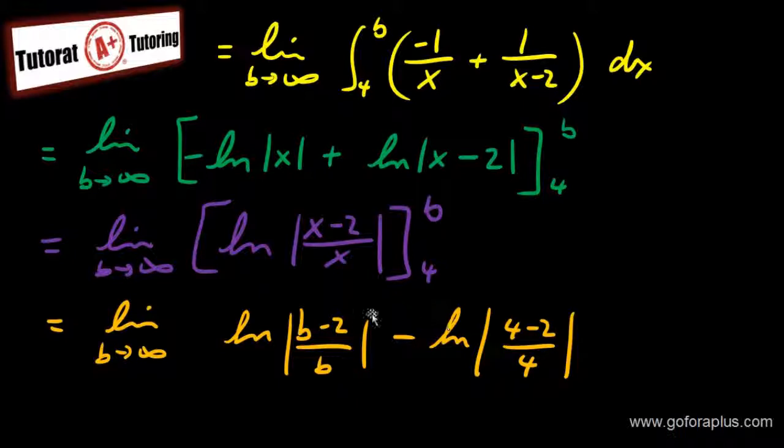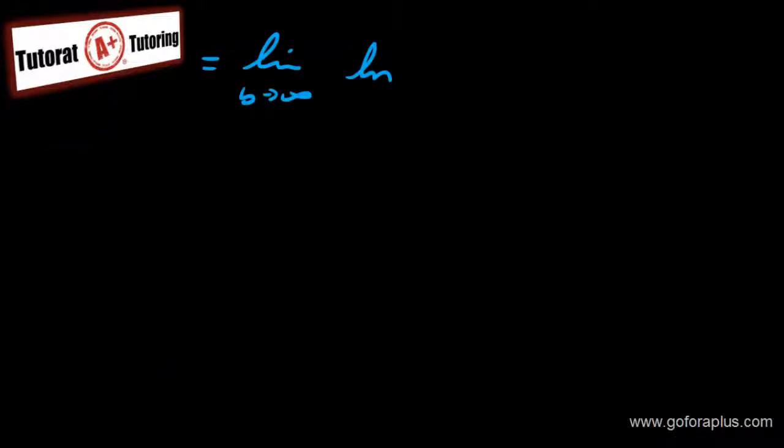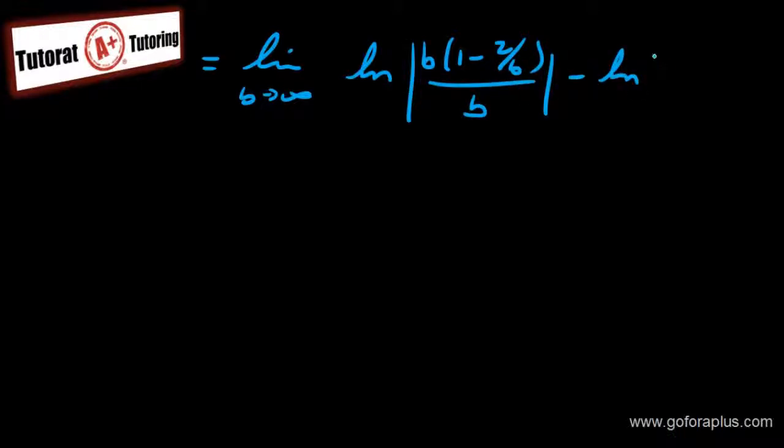Let's do that on the next page. I still have my limit of b approaching infinity of ln, so I factor out the b. I have 1 minus 2 over b, subtract ln of 1/2.